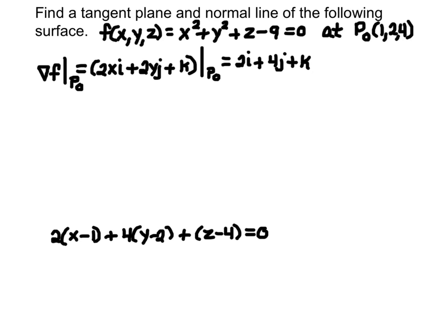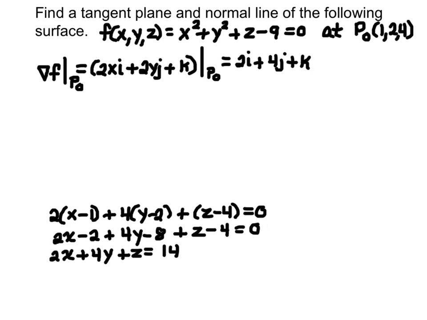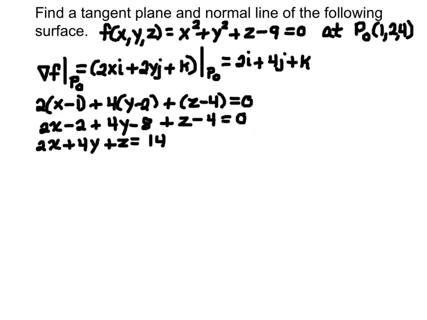Or we can write this simply as 2x minus 2 plus 4y minus 8 plus z minus 4 equals 0. And to simplify this, we have 2x plus 4y plus z is equal to 14. I move the constants to the right. Let's move this up.